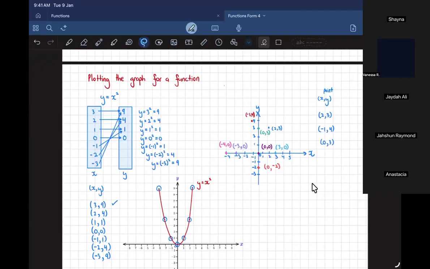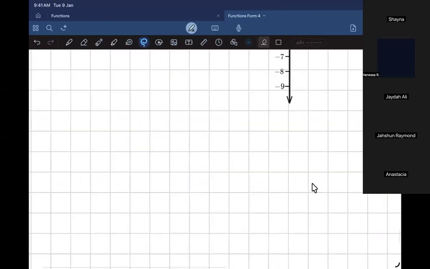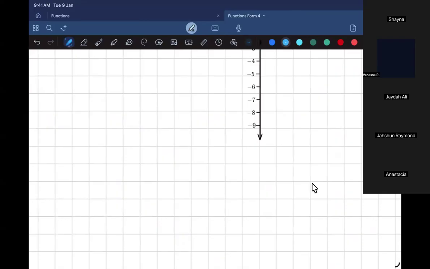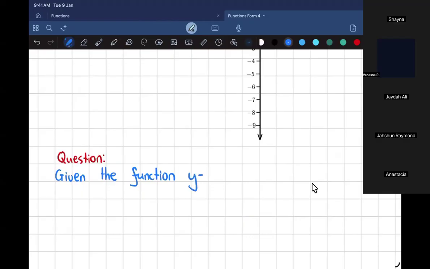All right, let's move on. Again, I'm going to give you a really, really simple function. Very, very simple. So the question: given the function y is equal to 2x, plot the graph.